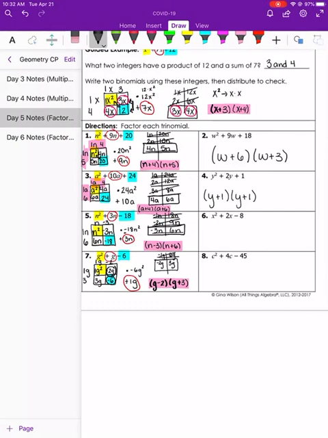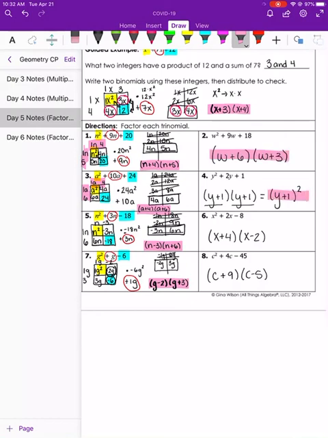When you guys get an answer like this, since there's 2 of the exact same, you guys agree Y plus 1 and Y plus 1 are the same, I want you guys to rewrite this as Y plus 1 squared. Okay? For 6, you should have gotten X plus 4 and X minus 2. And for 8, you should have got C plus 9 and C minus 5.